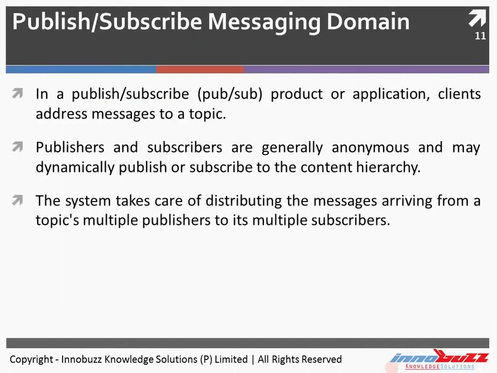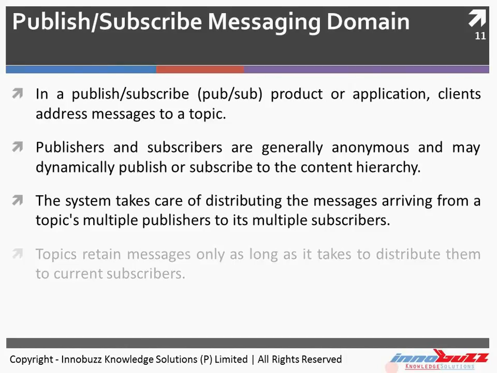The system takes care of distributing the messages arriving from a topic's multiple publishers to its multiple subscribers. Topics retain messages only as long as it takes to distribute them to current subscribers.